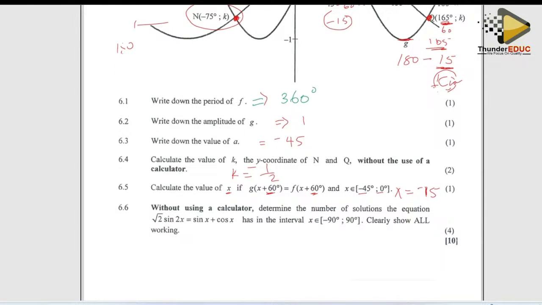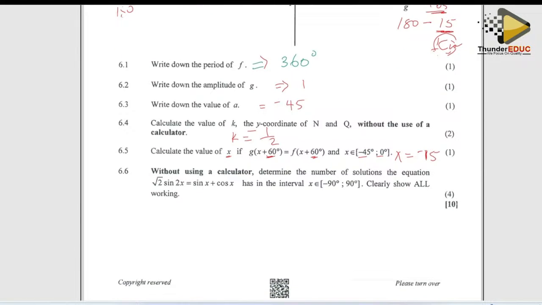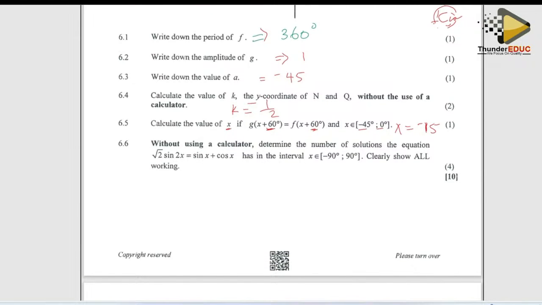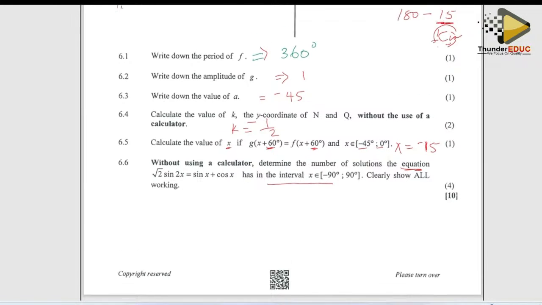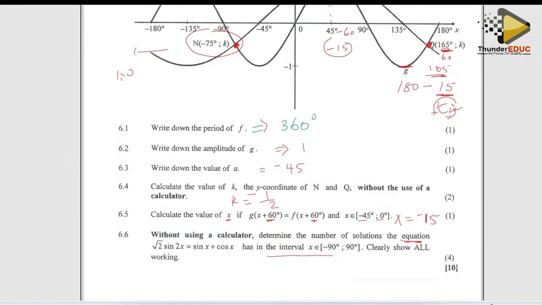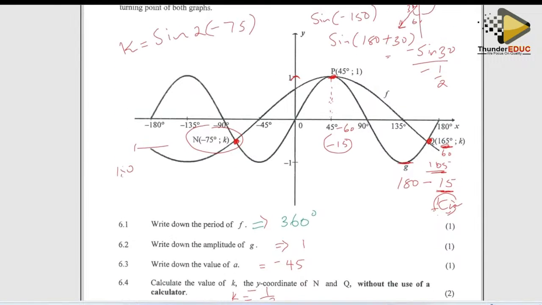X is negative 15. All right, then 6.6, without a calculator, determine the number of solutions this equation has within the interval of negative 90 and positive 90. So the negative 90 is at this point, the positive 90 is at this point.